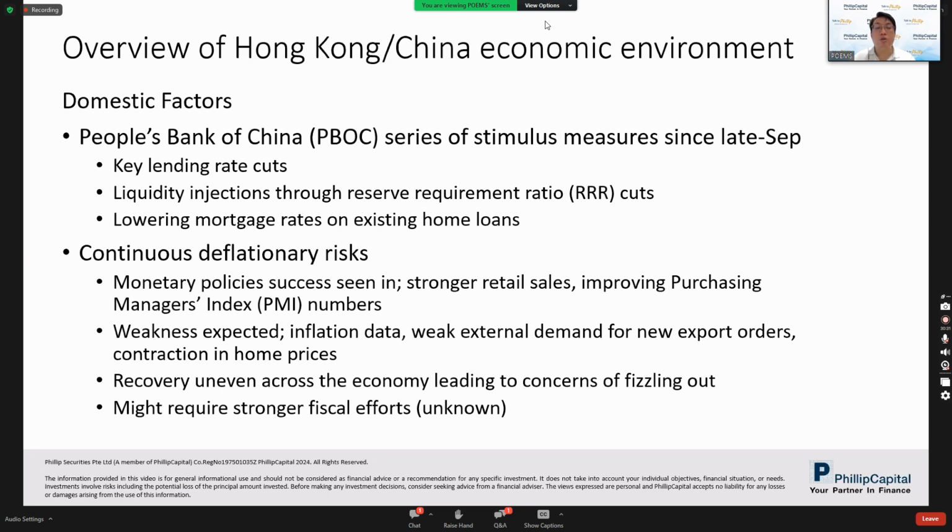So the idea is that there might be a need for stronger fiscal policies, and not only the monetary policies that they are currently doing. If fiscal policies come in to support the economy, we might see a stronger direct impact on the China-Hong Kong market, and that might stimulate certain retail sectors that they are supporting directly.